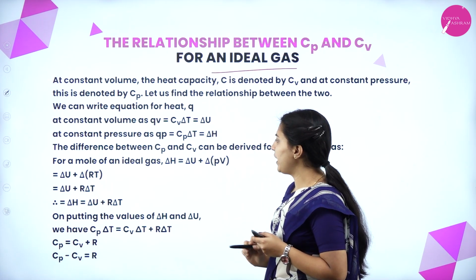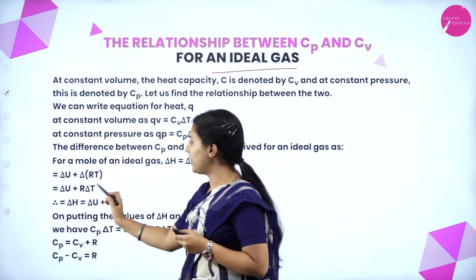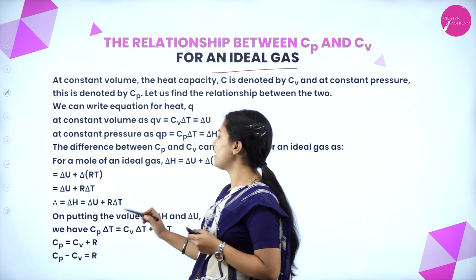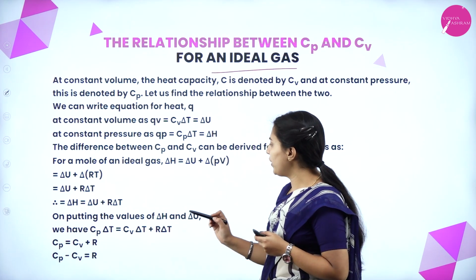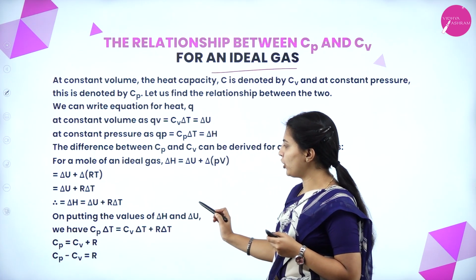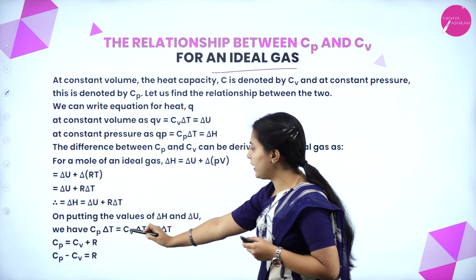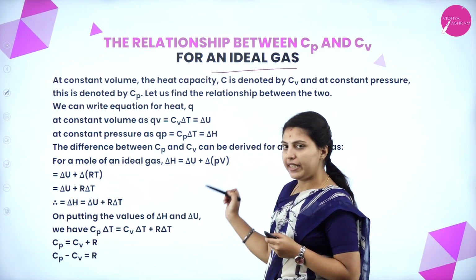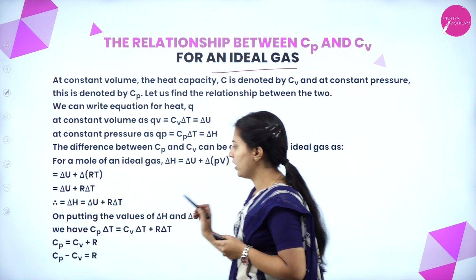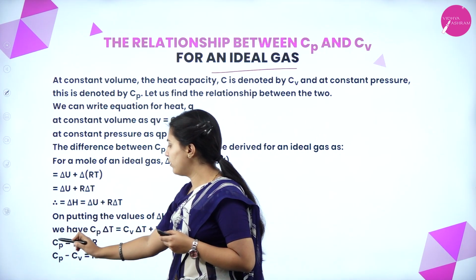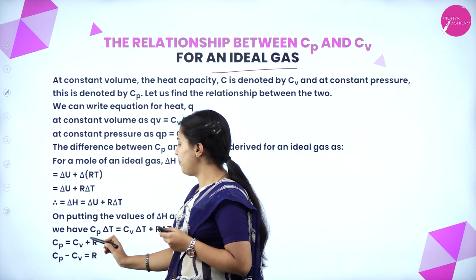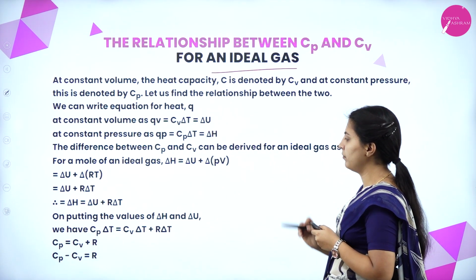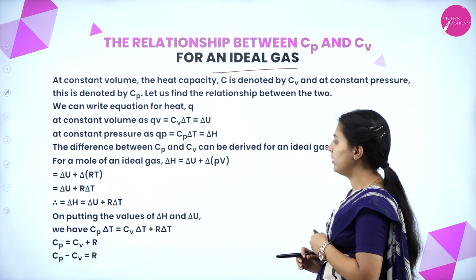So delta has been taken out: delta U plus R delta T, therefore delta H equal to delta U plus R delta T. On putting the values of delta H and delta U, we have Cp delta T equals Cv delta T plus R delta T. See here, on taking out delta T, Cp equal to Cv plus R, Cp minus Cv equal to R. It will become the overall equation.